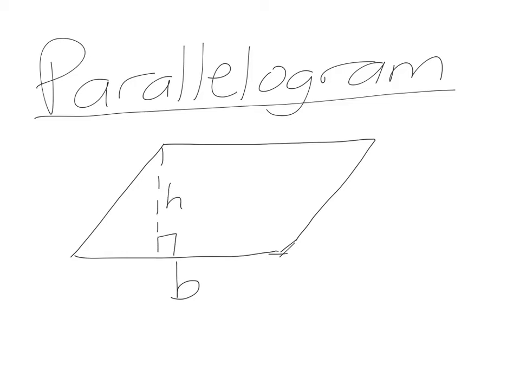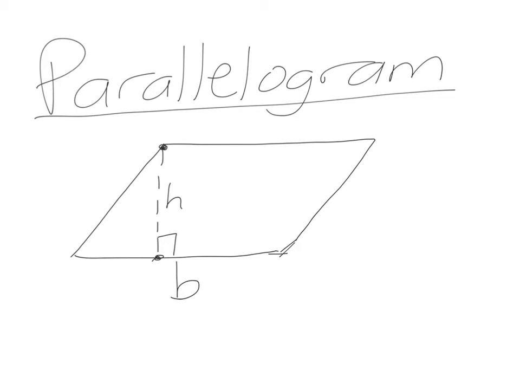The height of the parallelogram is a line that goes from a vertex and is perpendicular to the base. Now it could go the other way too. I could say that this side is the base, and make a line perpendicular to that base, but we're going to keep to what we have here.